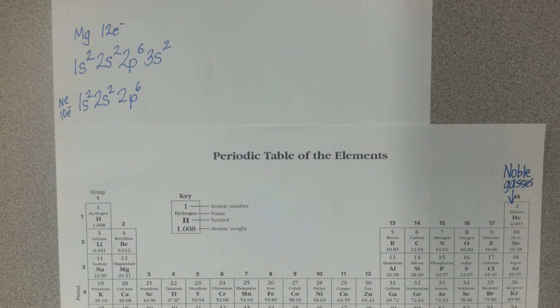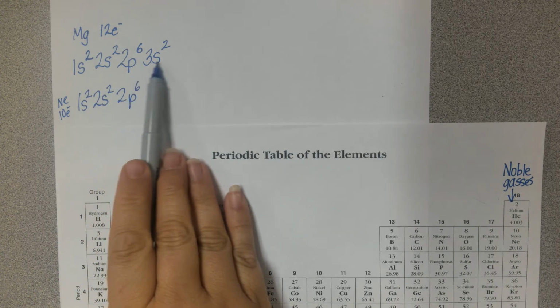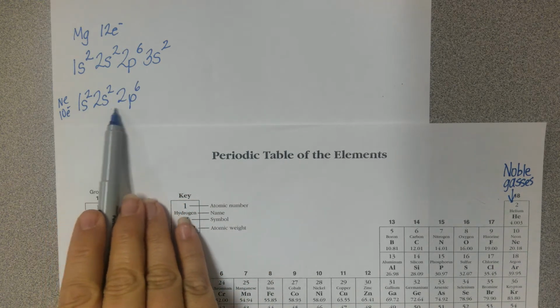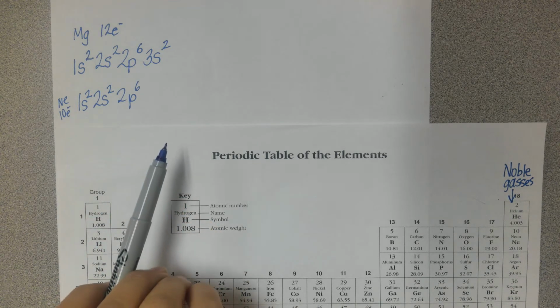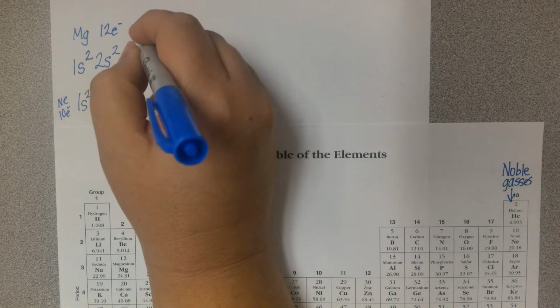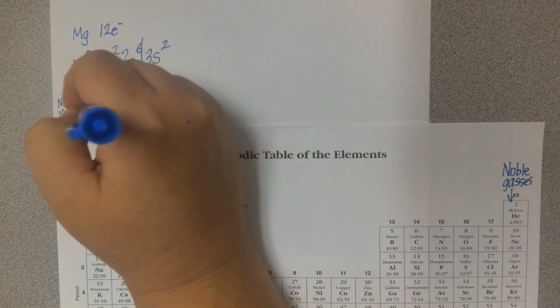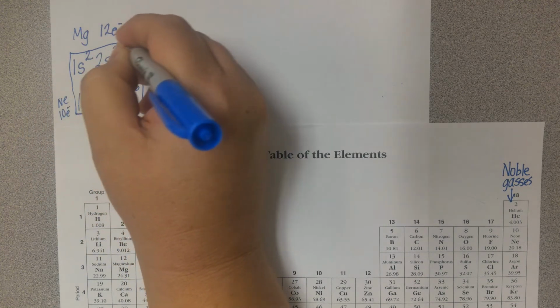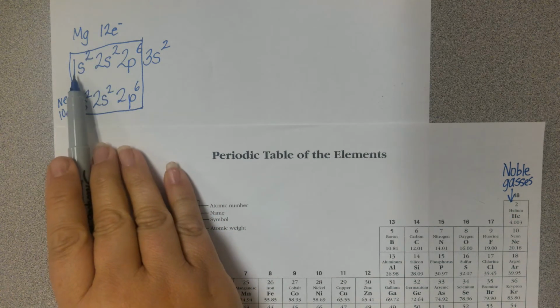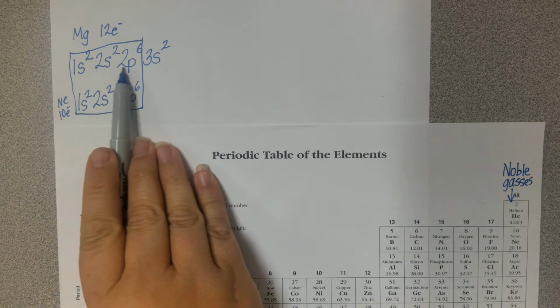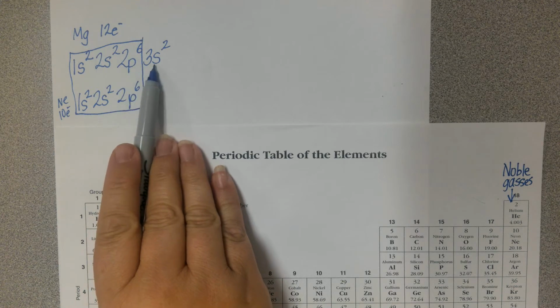So if we compare the configuration of magnesium to the configuration of neon, what do they have in common? Well, they have neon's whole electron configuration in common. So in other words, magnesium is neon's configuration plus 3s2.